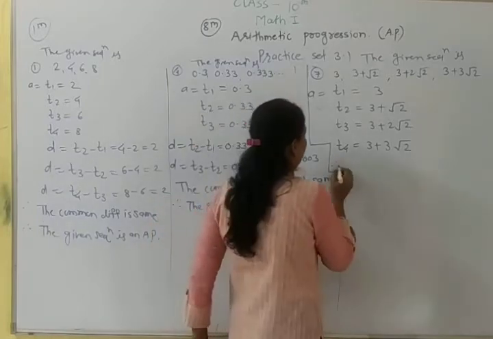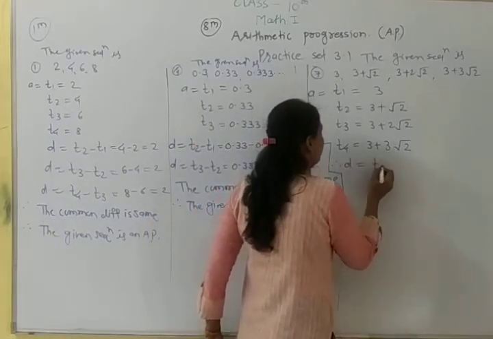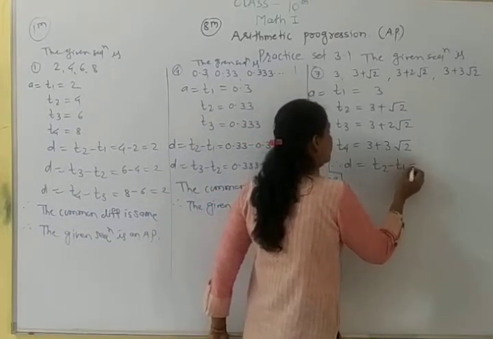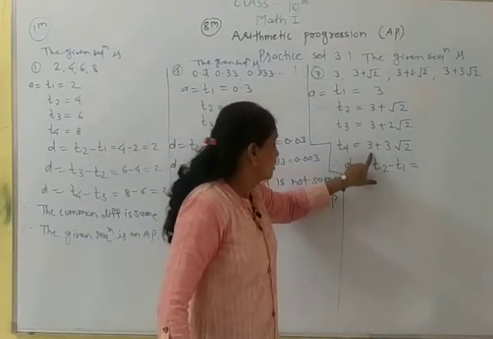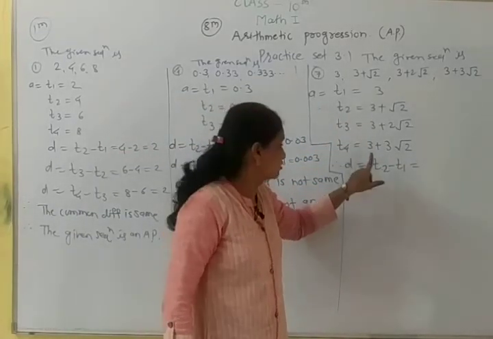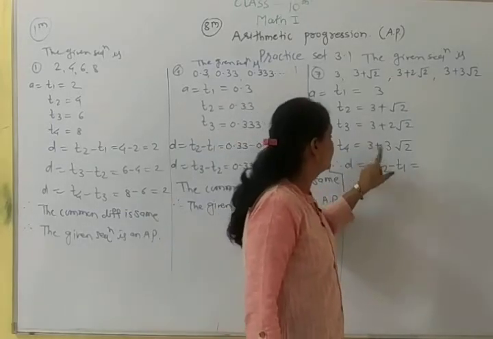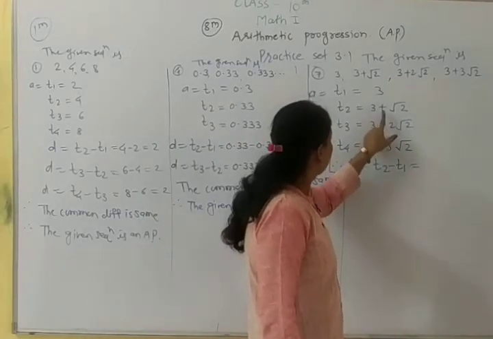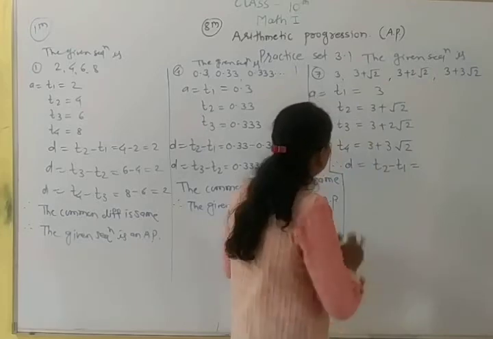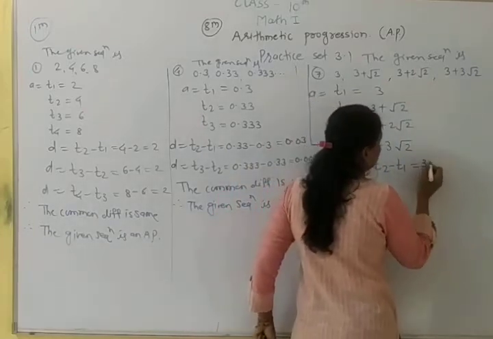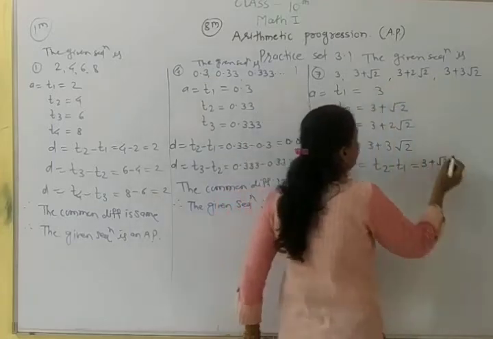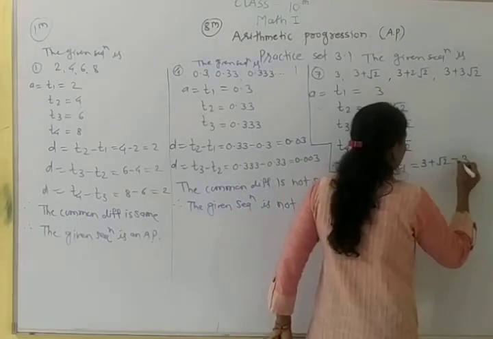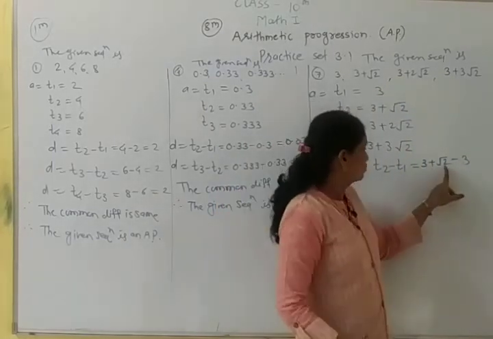Therefore D equal to T2 minus T1. These are problems on surds. Last year you already studied surds. T2 is 3 plus root 2, minus T1. T1 is 3. So 3 plus root 2 minus 3.